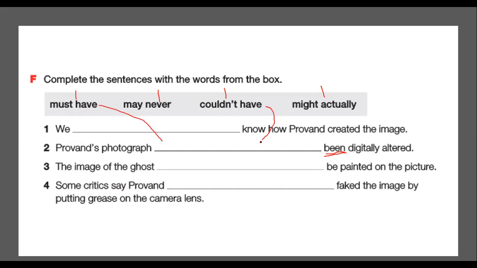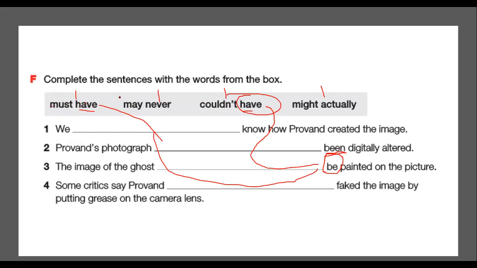In this case, I'm only saying that you can use both because they have the auxiliary. The difference is that, for example, in here you have be. It's impossible for me to say must have be or couldn't have be. Why? Because I'm using this auxiliary.